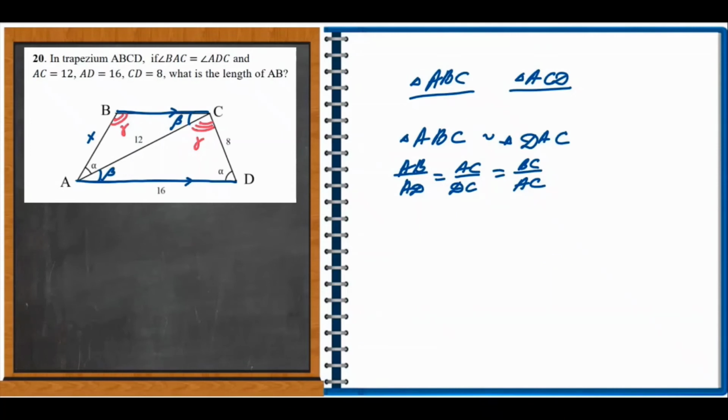AB is X, AD is 16, is equal to AC, which is 12, over DC, which is 8, and BC we don't need actually. So X is going to be 16 times 12 over 8. Let's cancel before multiplying. It's going to be 2 times 12, which is 24. The correct answer is 24 for number 20.